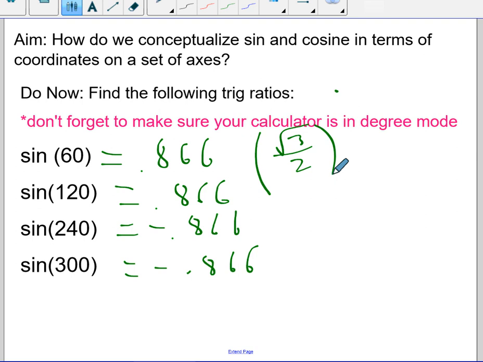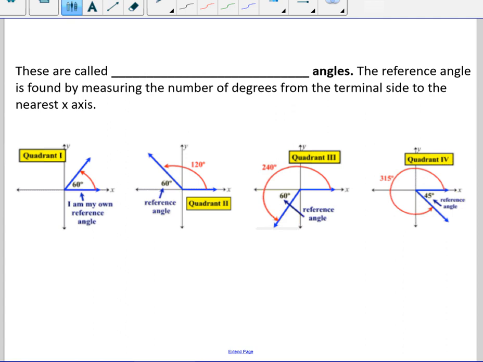And there is a reason that those four angles in particular all share the same sign, and we're going to start talking about that today, and we're going to introduce a new vocabulary term, and that word is reference angles.